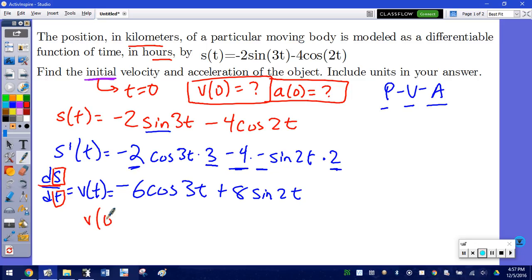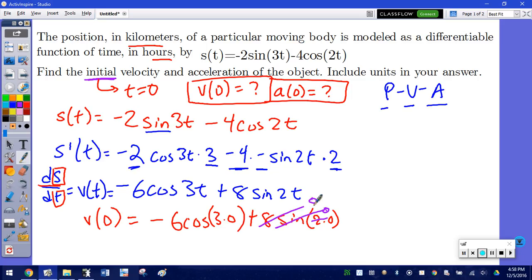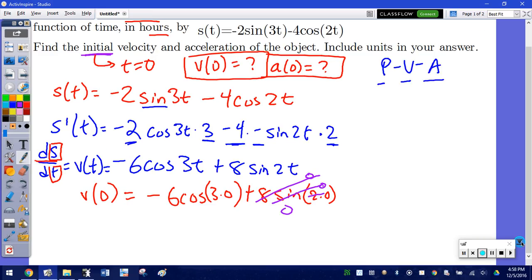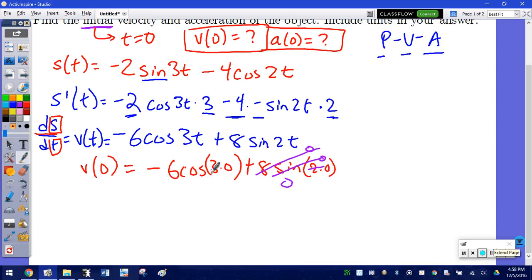So the question was initial velocity. What is the velocity at time t equals 0? Well, that would be negative 6 cosine of 3 times 0 plus 8 sine of 2 times 0. Sine of 0 is 0, so that whole term is 0, which is very convenient. Similarly, 3 times 0 gives us 0.